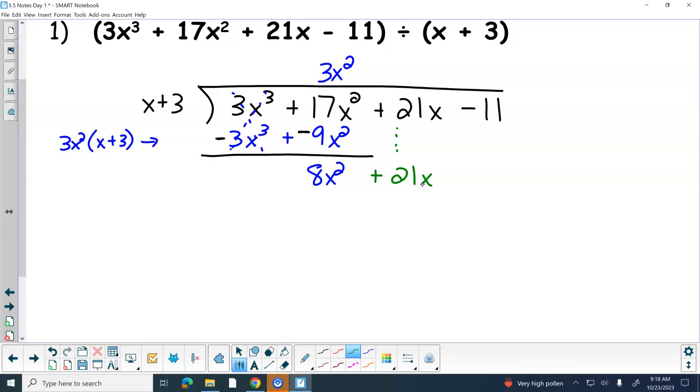Again, it's all about the first. I need x now to look like 8x squared. What can I multiply x by to get 8x squared? 8x. 8x times x plus 3 is going to give me 8x squared plus 24x.